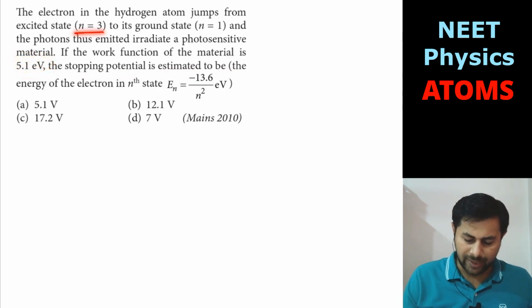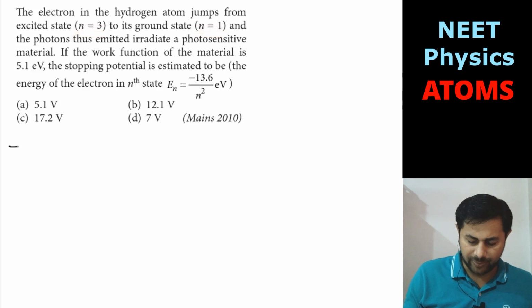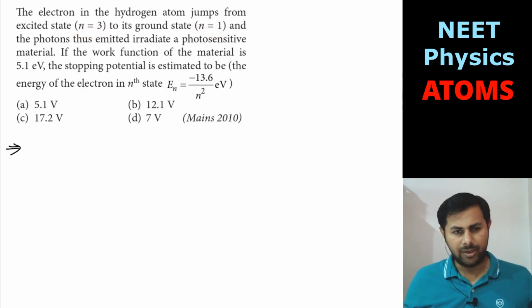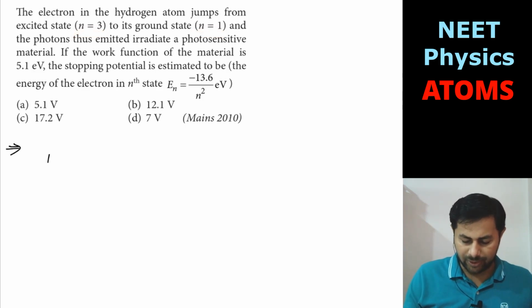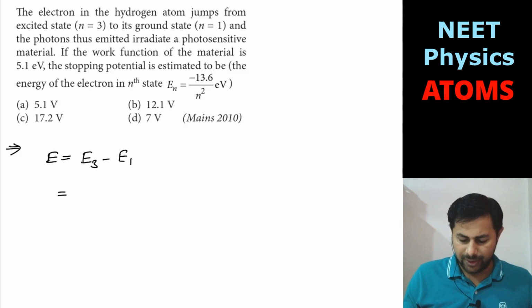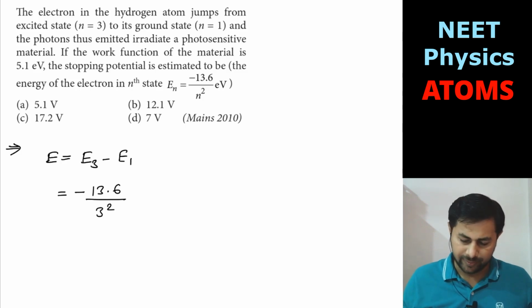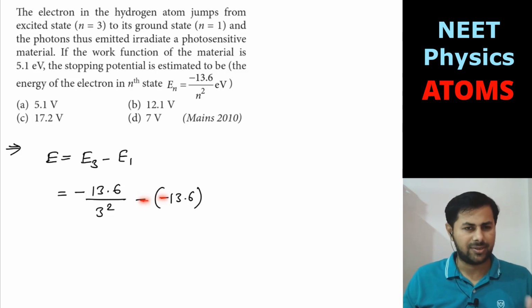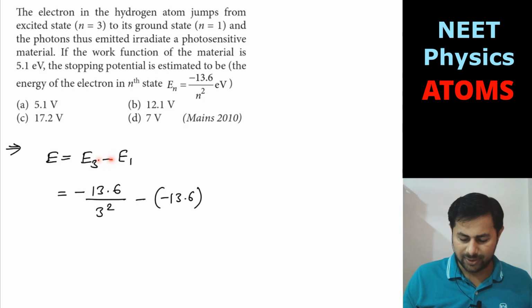So it jumps from n equal to 3 to n equal to 1. So just find out the energy of the emitted photon. The energy of the emitted photon would be E3 minus E1, and E3 is minus 13.6 divided by 3 square, minus the minus 13.6. Here we need to be careful, this is minus of minus, so we shouldn't write minus directly.